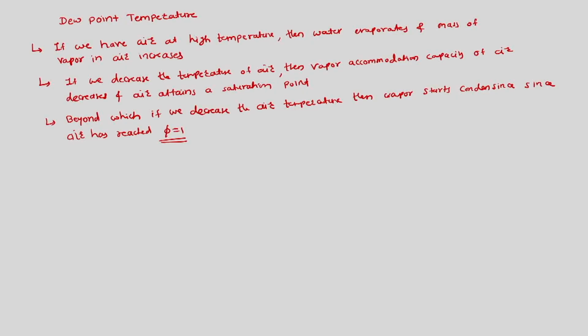We actually are seeing in point 1 that if we heat the air, then temperature of the mixture increases, and since temperature of the mixture increases, we have more possibility of having vapor in the air, since air's vapor bearing capability would increase.